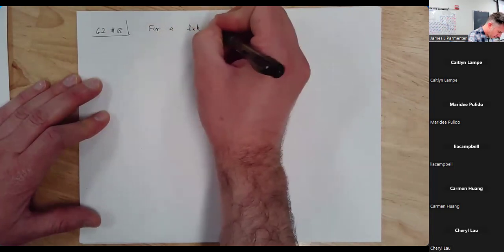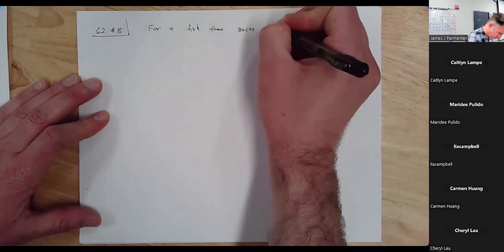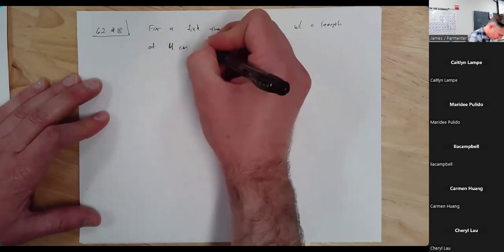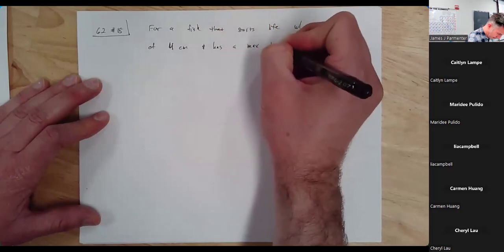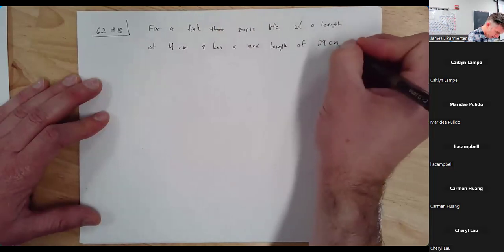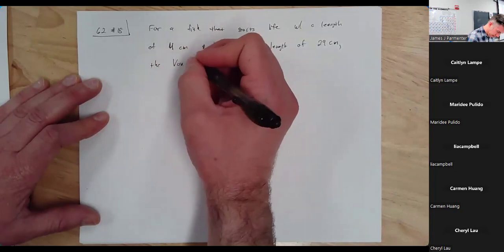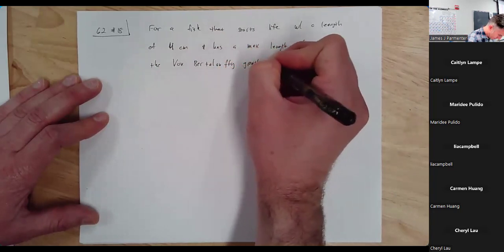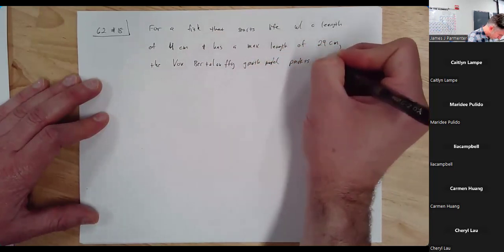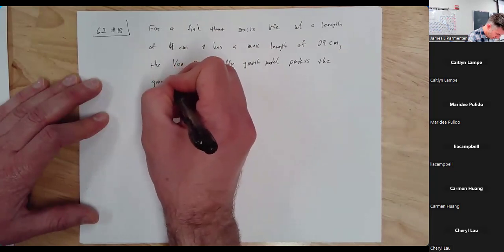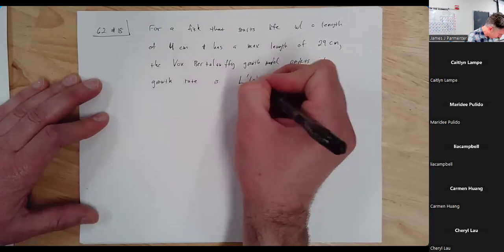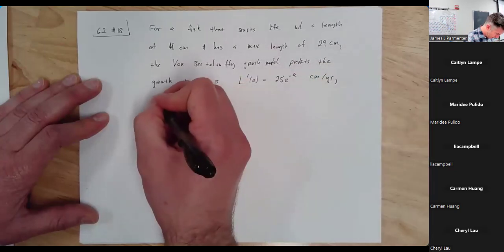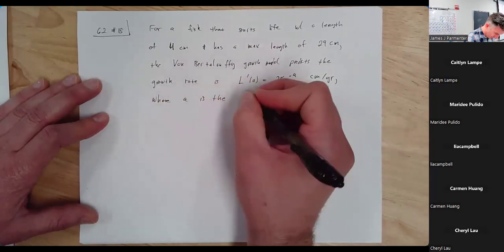For a fish that starts life with a length of 4 centimeters and has a maximum length of 29 centimeters, the von Bertalanffy growth model, however you say that name, predicts the growth rate, note the word rate there, is L prime of A equal to 25e to the negative A centimeters per year, where A is the age of the fish.